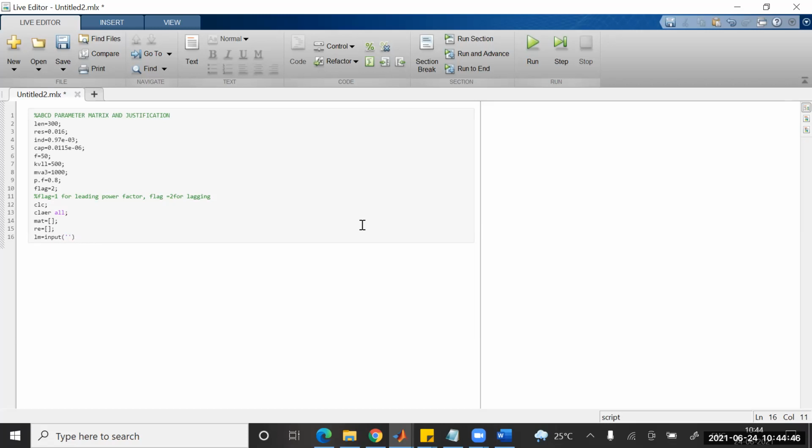Now we can give an option also, so we'll write enter line model.